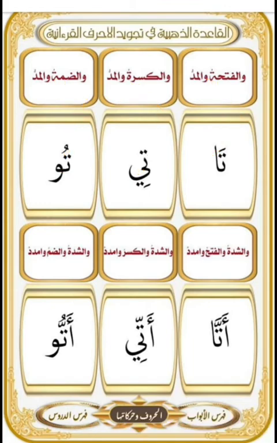The mistake when pronouncing the letter ta with lengthening of the fatha is to make the lengthening heavy like this, ta, or light like this, te. The mistake when pronouncing the letter ta with the vowel dhamma is to make the lengthening like this, to or tu.